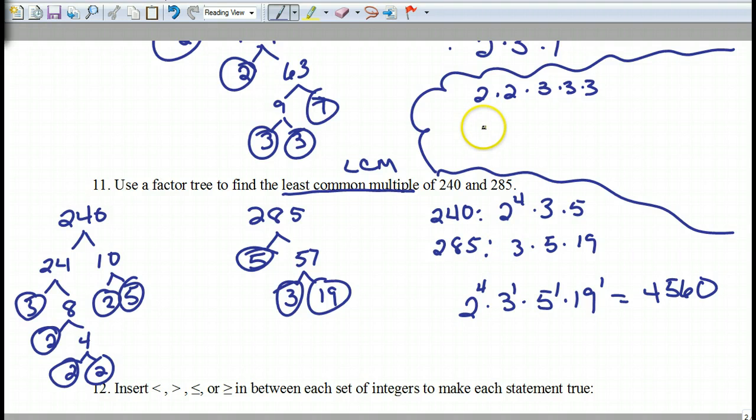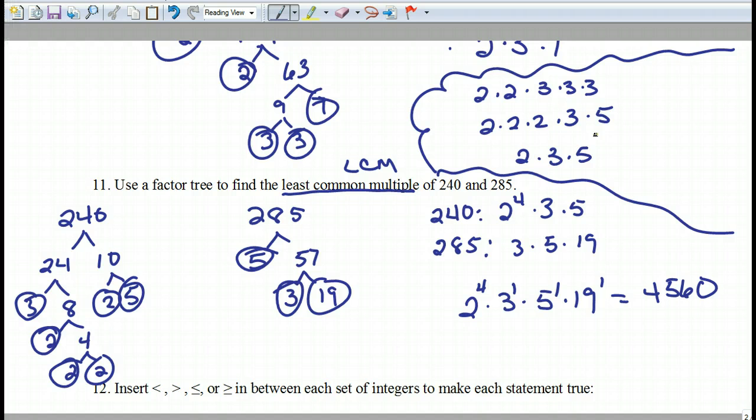And say I have another one of 2 times 2 times 2 times 3 times 5. To find my least common multiple, what I want you to do is, first of all, represent each prime. So what primes do we have? A 2, a 3, and a 5. That's the first step.